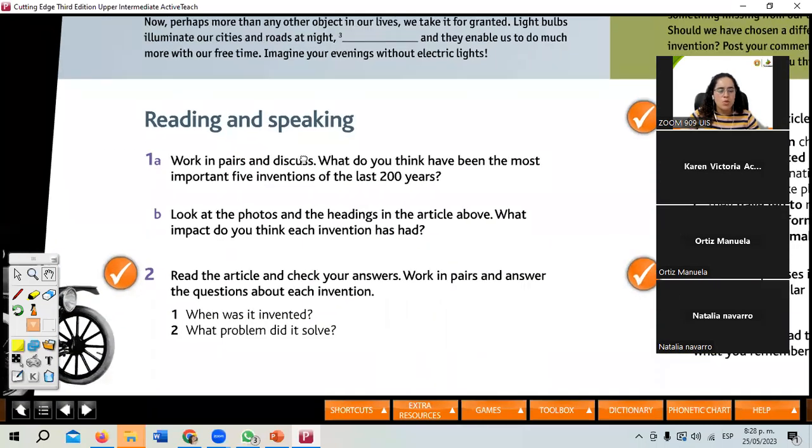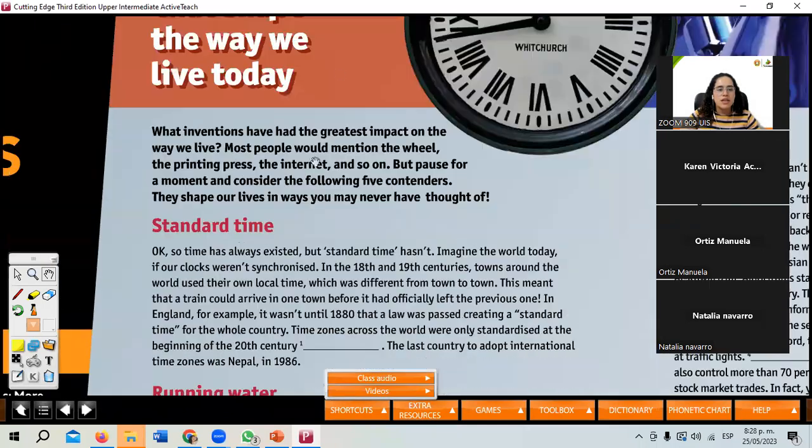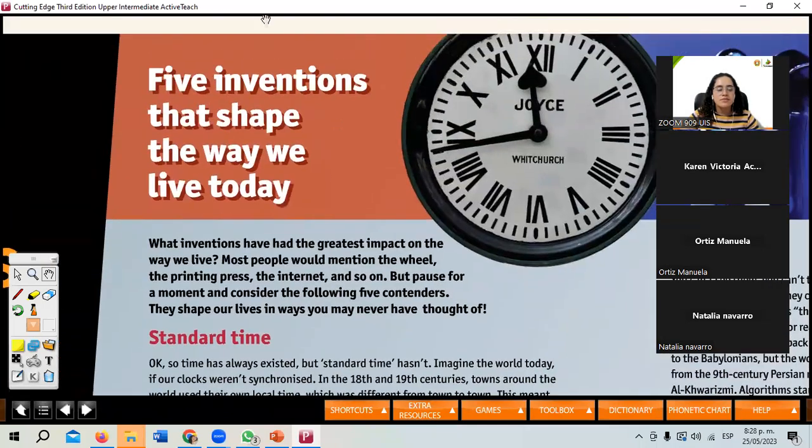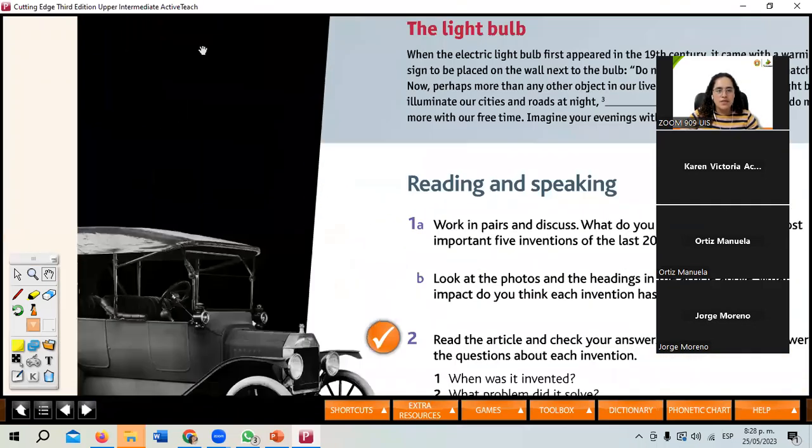So we are going to read and then we're going to answer these questions about each invention. When was it invented and what problem did it solve? Right? Let's start reading. Yes. Teacher, which is the page? This is page 56. 56 and 57. Unit 6.